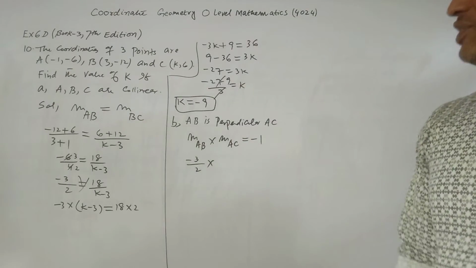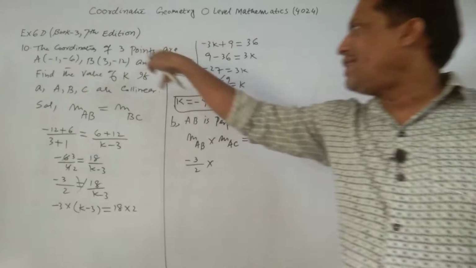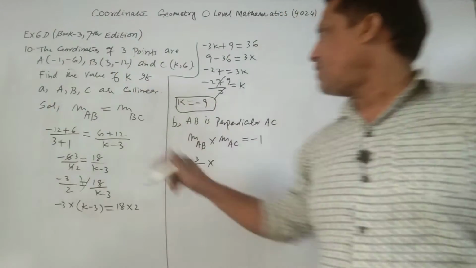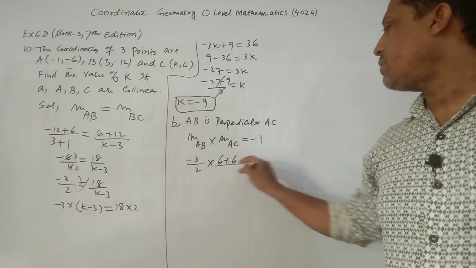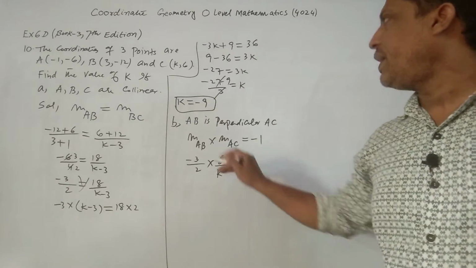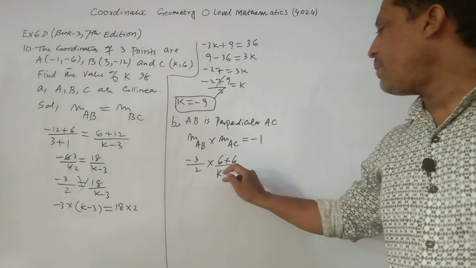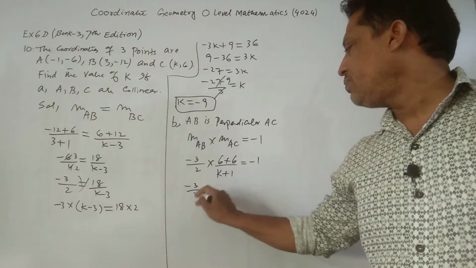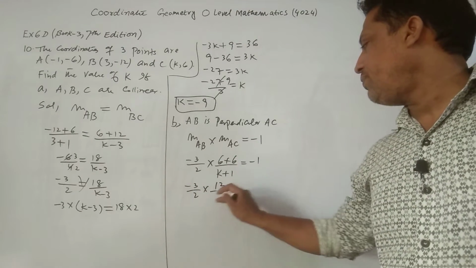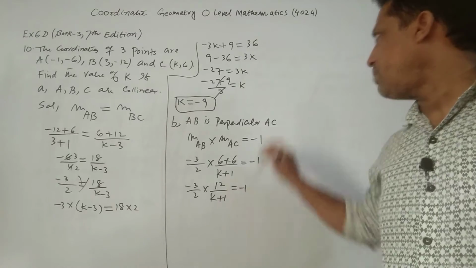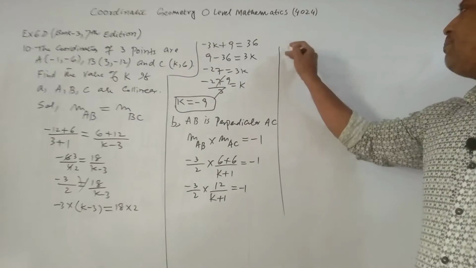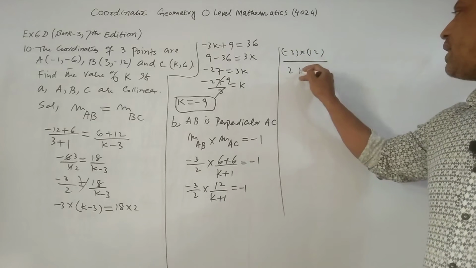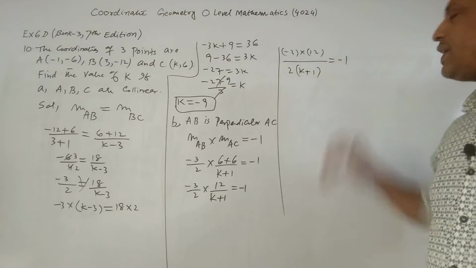And find the gradient of AC. Very easy. This is A, this is C. Again find the gradient of AC by using the gradient formula. 6 plus 6 over k plus 1, equals -1. -3 over 2 into 6 plus 6 is 12, over k plus 1, equals -1. -3 multiplied by 12 and 2 multiplied by (k plus 1) equals -1.